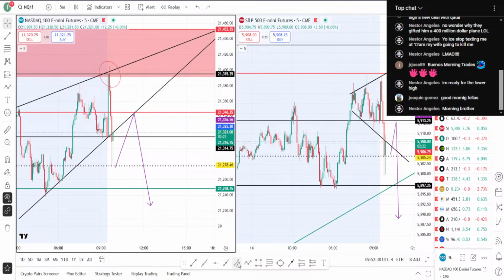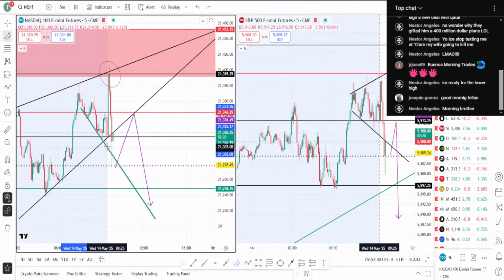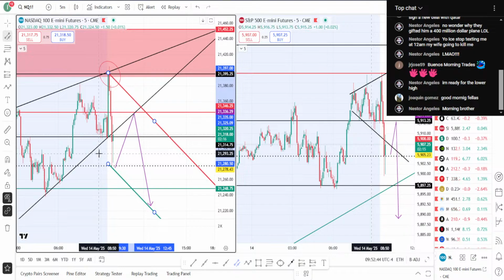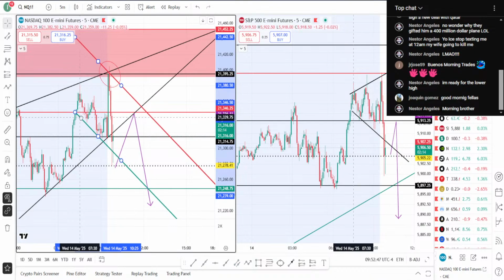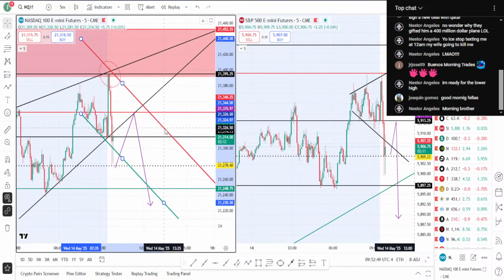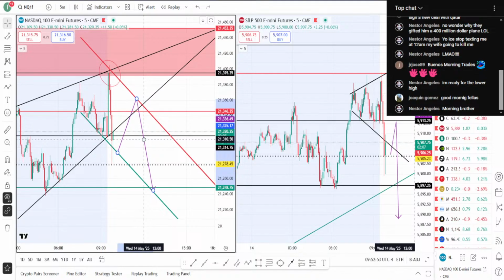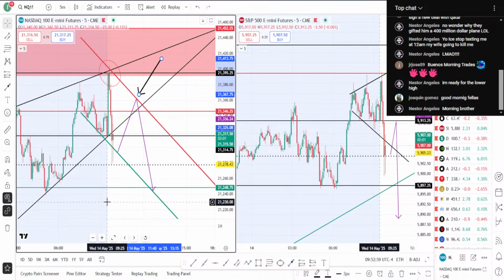We need to find some kind of channel coming off of here. If we get the chance, that'll be cool. If we get some kind of channel going here, and then we get a lower high right off of that, that'll be perfect.